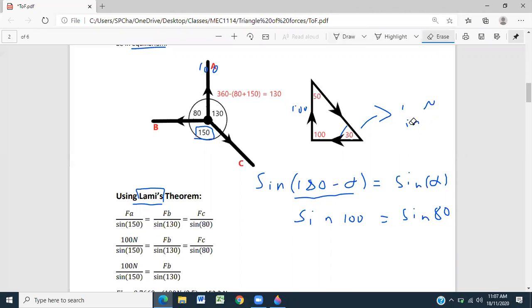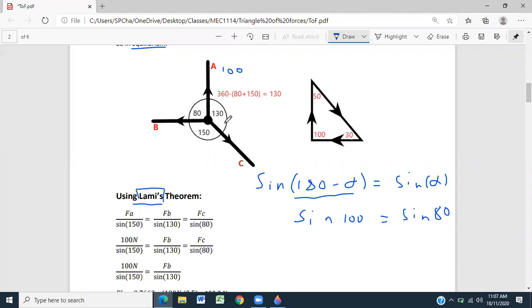So instead of creating a triangle, what some guy named Lamy did was he noticed this and said, okay, let me just create a theorem called Lamy's theorem. For triangular force diagrams like this, if we take the magnitude of something and divide it by the sine of the angle opposite it, like 150, that is equal to the magnitude of another force in the force diagram divided by the sine of the angle opposite it, right?